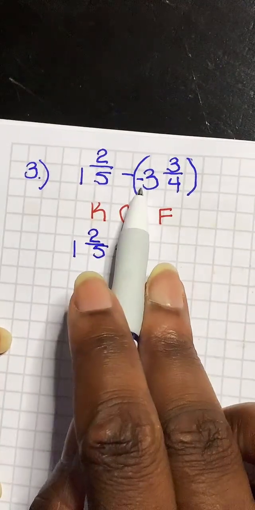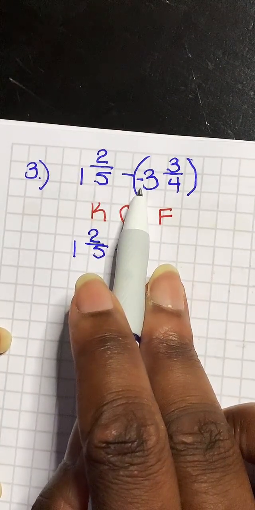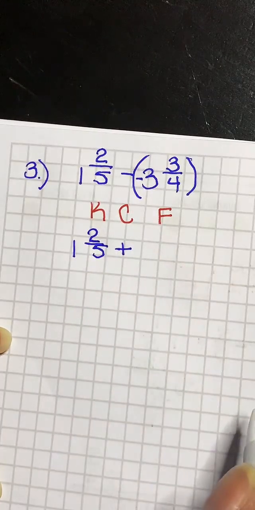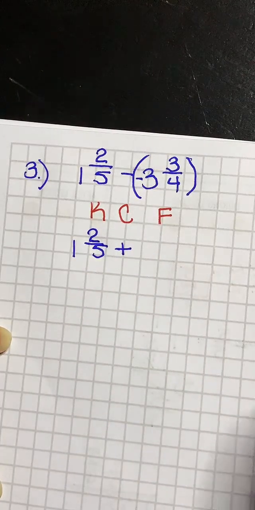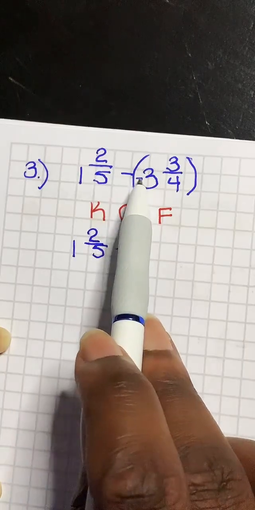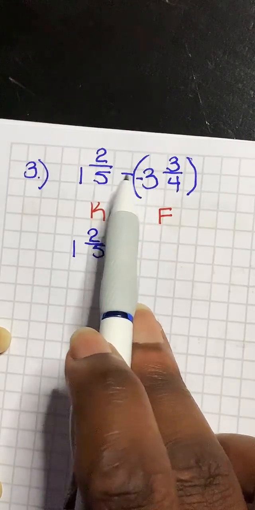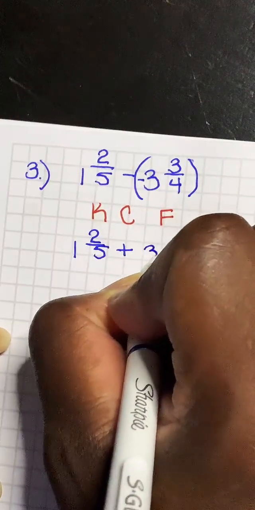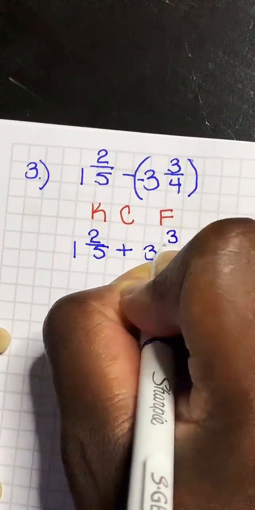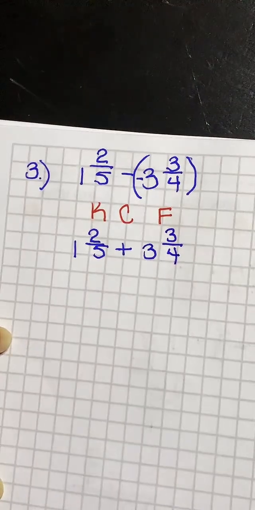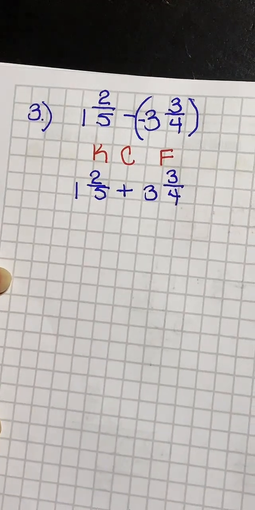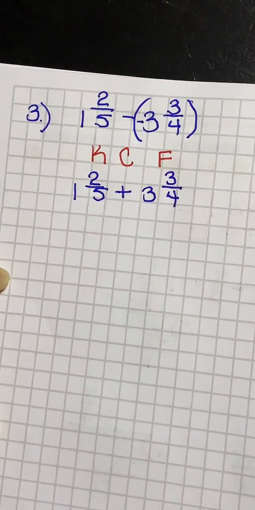And you're going to flip the sign. So instead of a negative, it's going to be a positive. So you can think of it that way. Or when you minus a negative, or when you have a negative times a negative, it changes to a positive. Okay, so there's multiple ways of thinking about it. Either way, we need to change that signage.